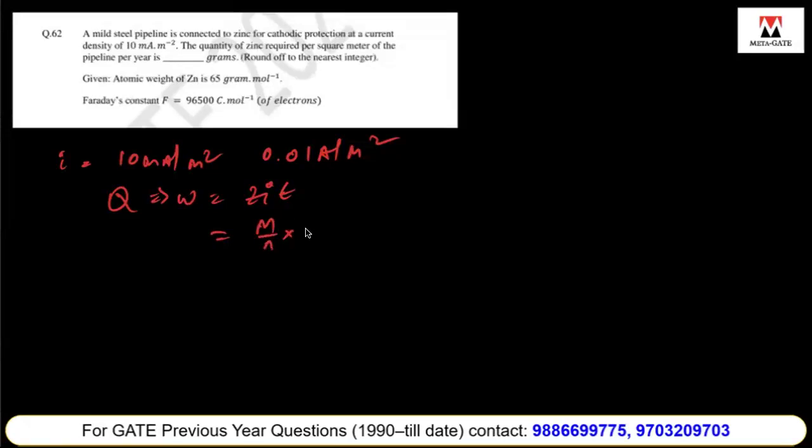So it is, IT can be written as Q by F, which is E by F. Then Q is IT.